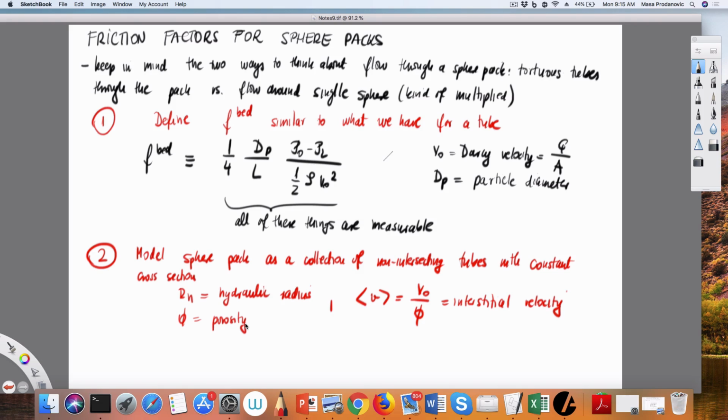And then what I have for one of these tubes, then my friction factor for that tube is F_k over area times kinetic energy density.